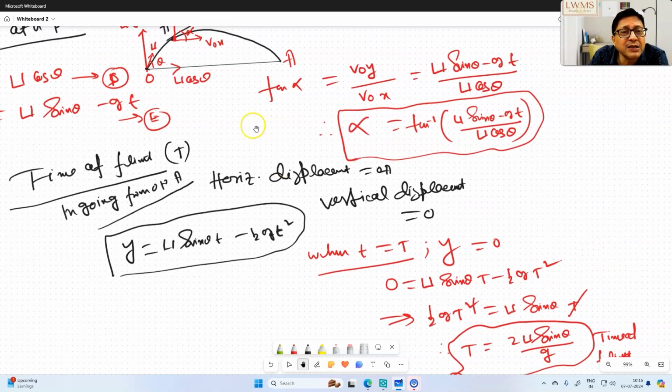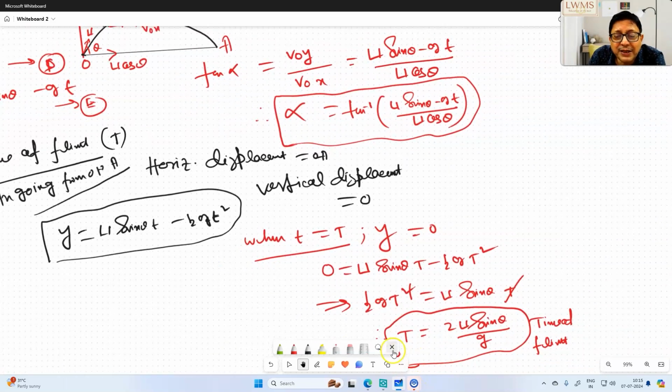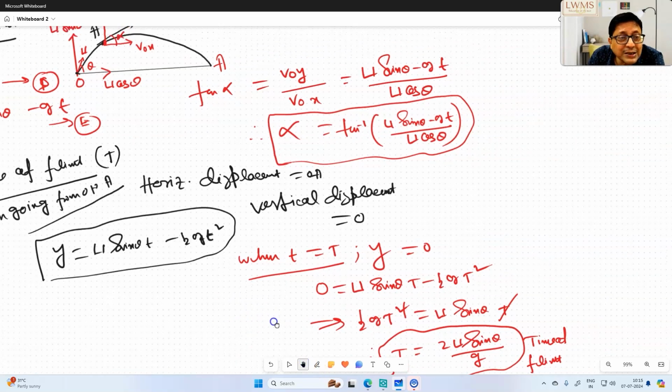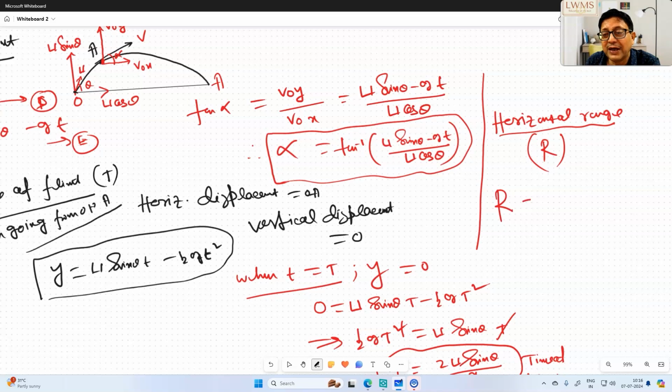Now, if somebody has asked you to find the horizontal range, how to find it? Horizontal range, this is nothing but R. For horizontal range R, we write it is the velocity along the x-axis multiplied by the time to strike the ground. u cos theta into 2u sin theta by g.